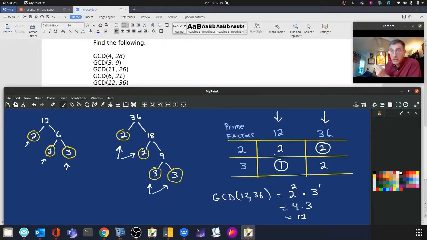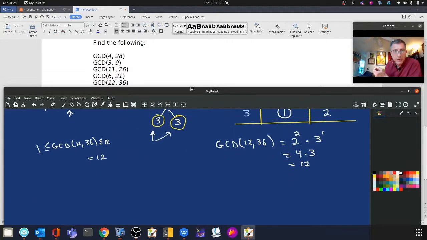But how much nicer would it have been if I would have noticed that the GCD of 12 and 36 is less than or equal to 12, but greater than 1. But 12 divides 36, so it's equal to 12. So that's really fast. But I did it this way so we could actually see that the table method works no matter what.